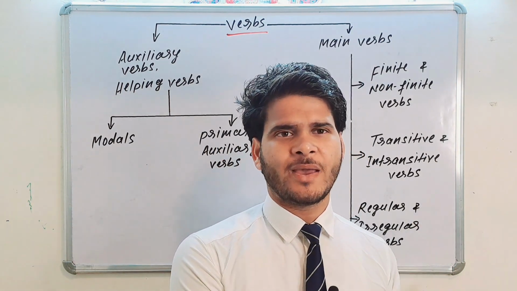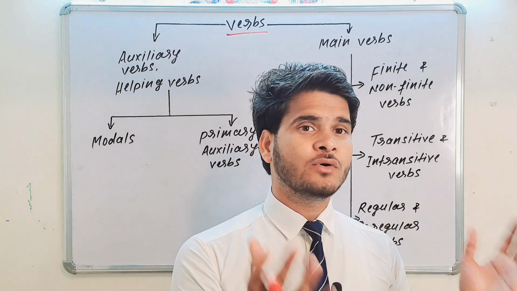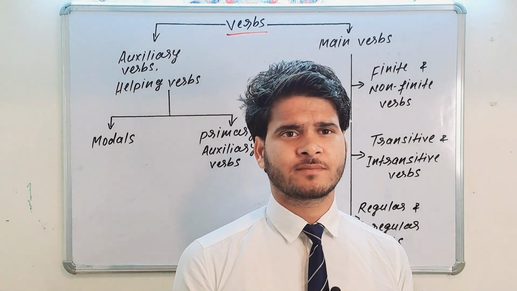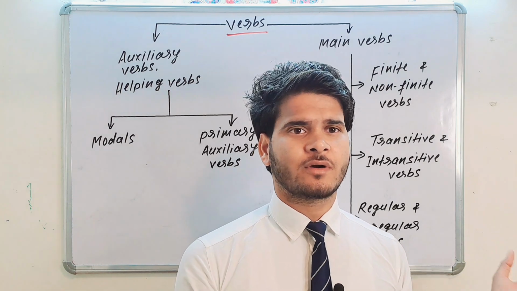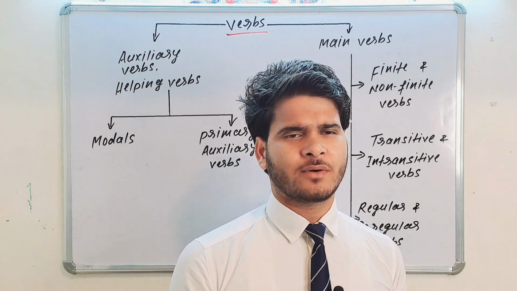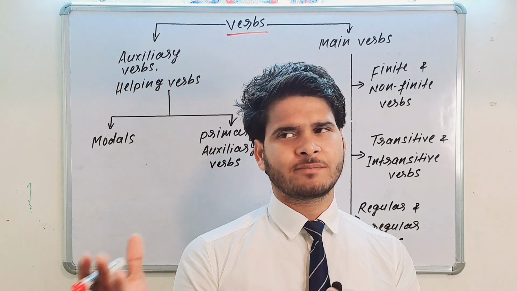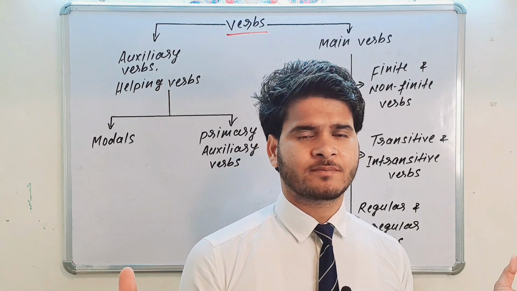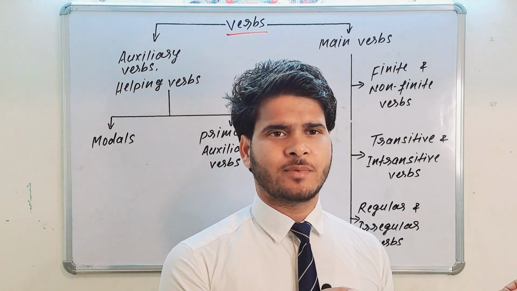Forms of main verbs which follow a regular and fixed pattern, and which are converted from present to past and past participle form by adding some suffix. So that is a regular verb.